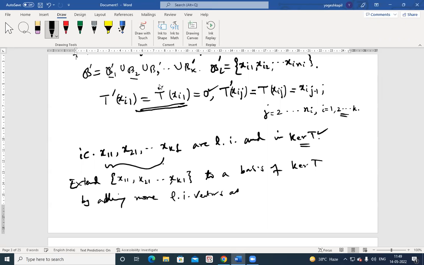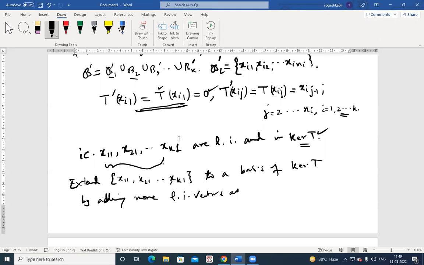How are they linearly independent? Jordan chains are always linearly independent, but this is not one Jordan chain. These are the first elements of all the Jordan chains. This is a linearly independent set, and if you pick one element from each, they remain linearly independent.